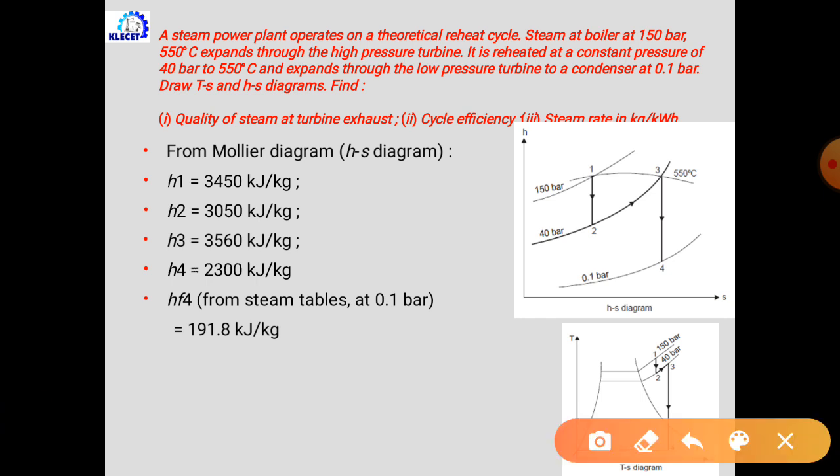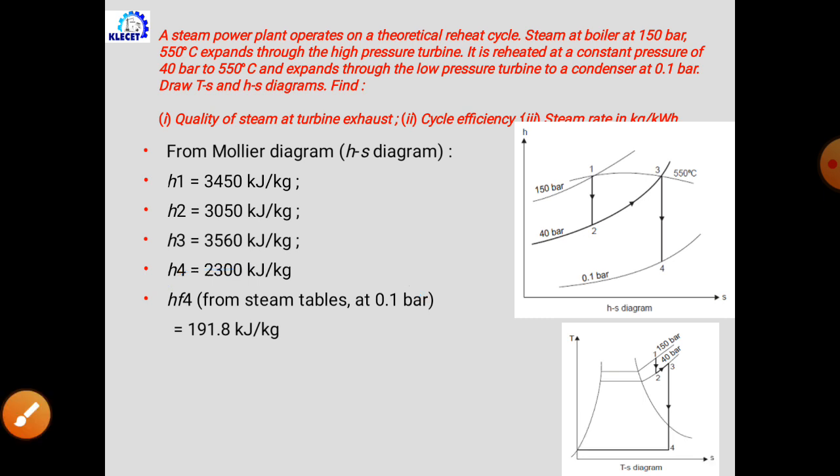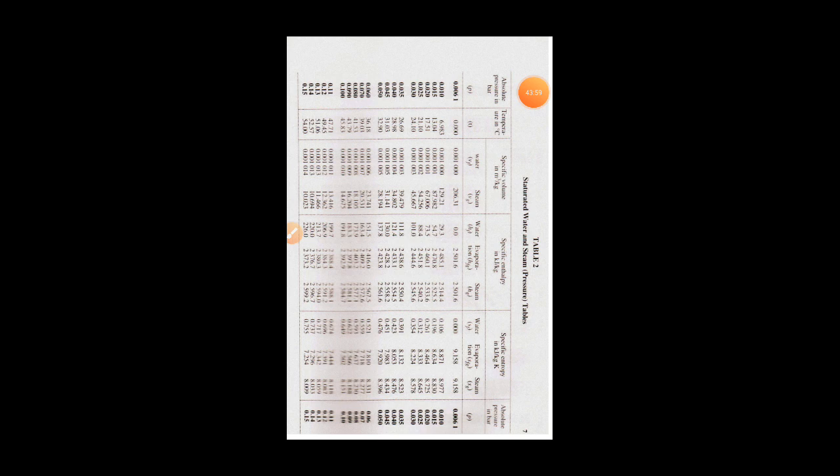We can get it from the steam table. Here we have the condenser pressure 0.1 bar, so the HF value is 191.8, and these are the values for our reference.